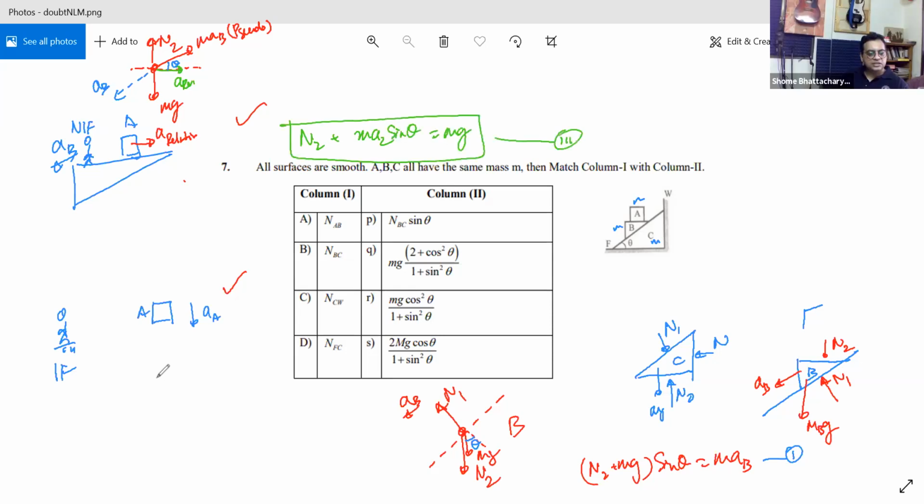In this frame, there's this acceleration A which you're seeing, of A in the ground frame. That is actually the vertical component of B's acceleration, because A and B are moving together.